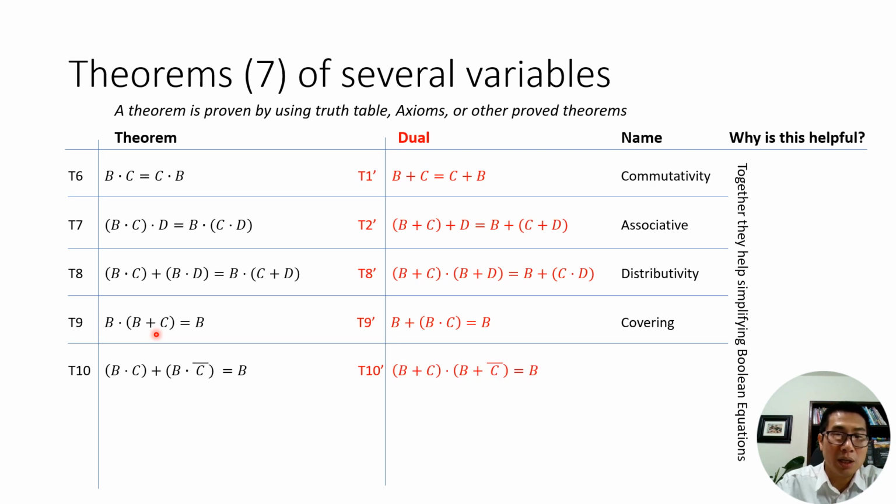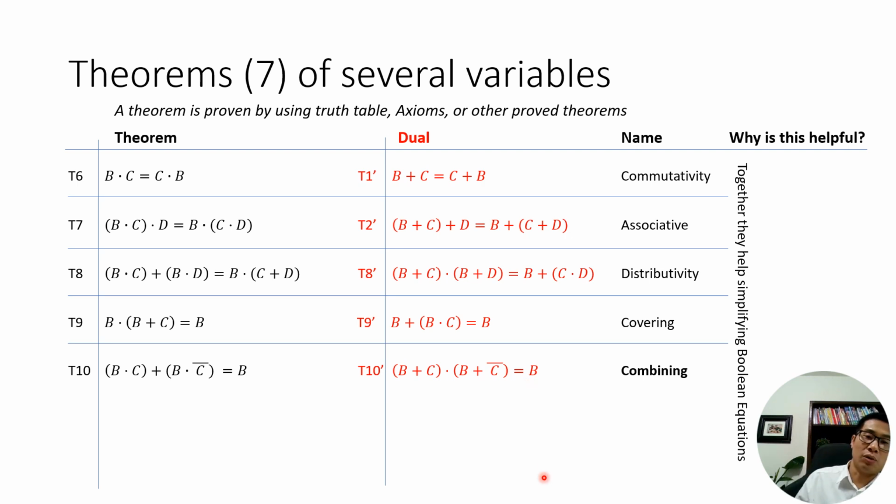Similarly, you have the form (B or C) and (B or not C) is the same as B. This one again is very important if you use the product of sums way. This one is actually the product of sums. If you use product of sums to transform the truth table into a Boolean equation, this is very useful in order to cancel the operators and simplify it to B only.